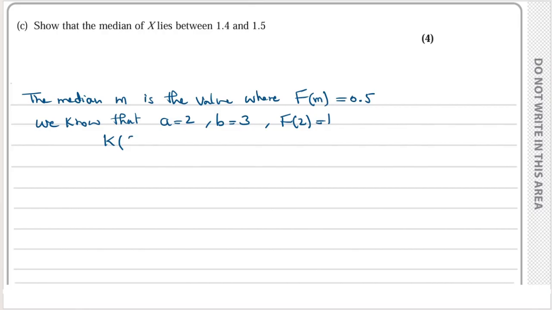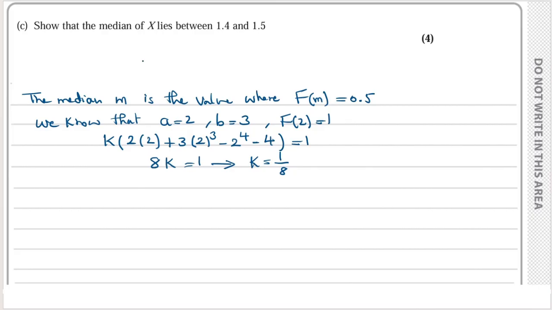So we get k brackets 2 times 2 plus 3 times 2 cubed minus 2 to the power 4 minus 4 equals 1. So this gives us 8, and it's times k, that equals 1. Therefore, k is going to be 1/8.